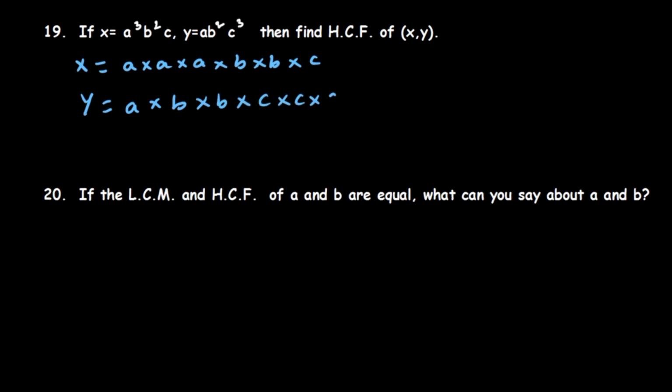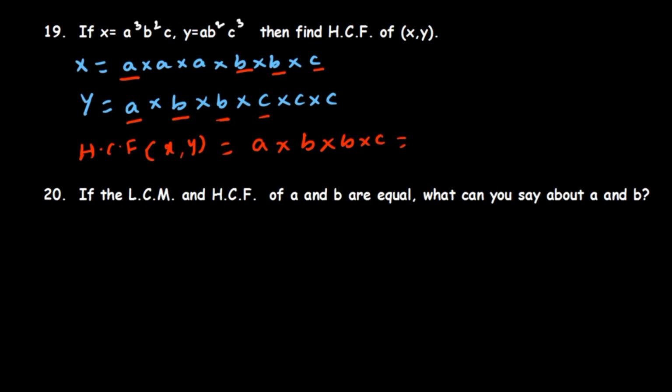Now let me know what is common in both here. a is common, b is common, and one more b is common, and c also is common. Okay, so the HCF of x comma y is a into b into b into c. That means we have a b square c.